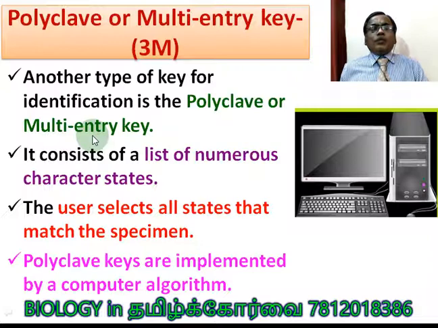All the software, that means computer algorithms, is already loaded in the computer. The computer helps us to identify the particular species or genus. As we type the characters of the particular plant, many characters are typed simultaneously. That is the reason why it is called a multi-entry key.